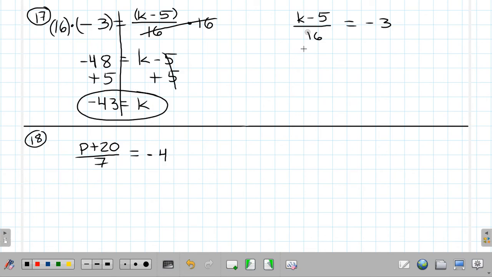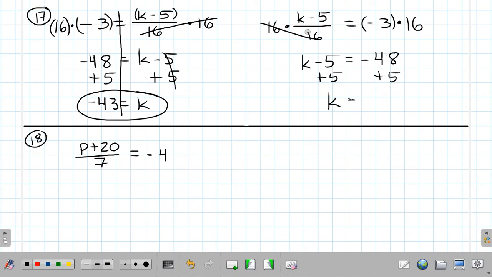You can see the same thing by working it in the other direction here, but the point is the steps are still the same. Like I said, I've got a negative here, so I'm going to put parentheses around it. Those go away. K minus 5 is equal to negative times a positive, negative 48. Add 5, add 5. K is, in fact, still negative 43.